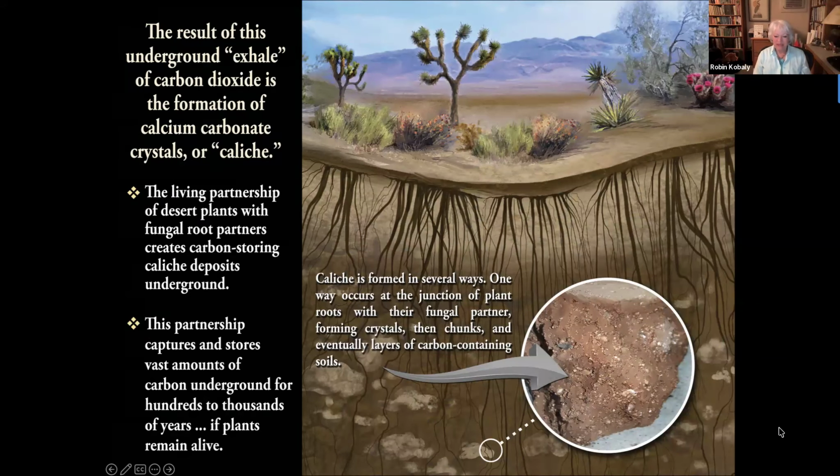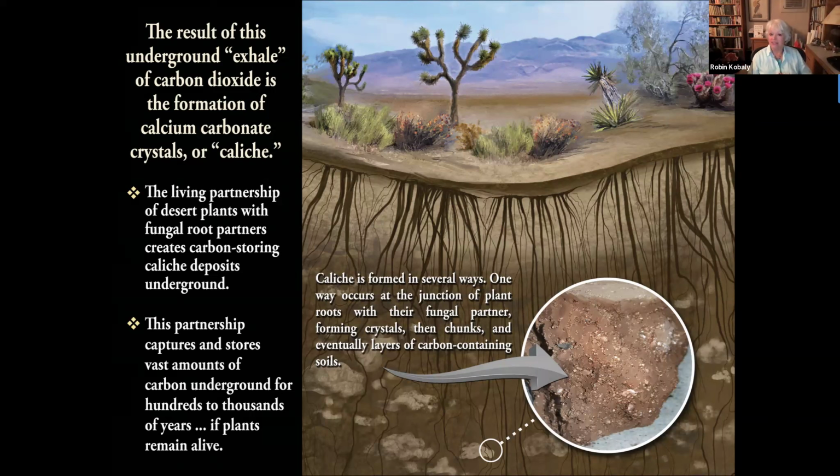So the result of this exhale underground is calcium carbonate, or caliche, and this partnership stores vast amounts of carbon underground for hundreds to thousands to actually even 100,000 years. It turns out that most of the caliche stored deep underground in our deserts was deposited there during the Pleistocene, when we had a much more dense and lush vegetation than we do today.